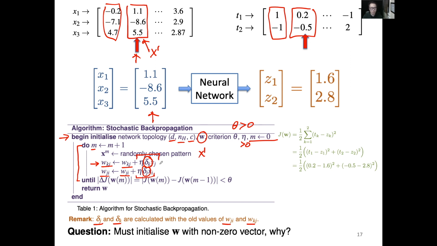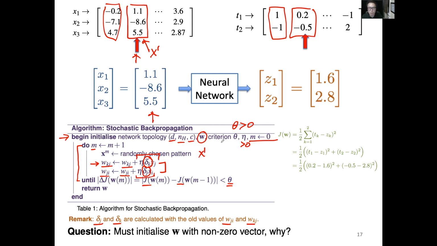So these two lines just update the values, and then we check the difference between the J value, the training error, at this iteration and the J value one iteration before. We take the absolute value, so theta must be positive. That means we check how small the difference is between the current and the previous iteration's training error.